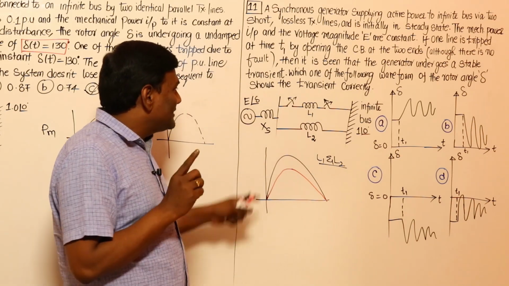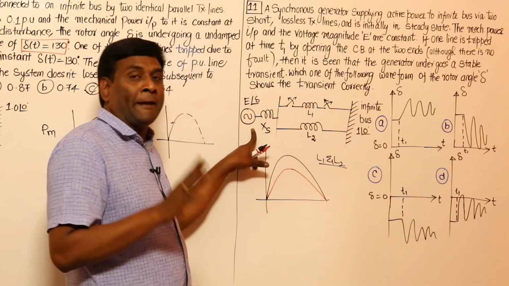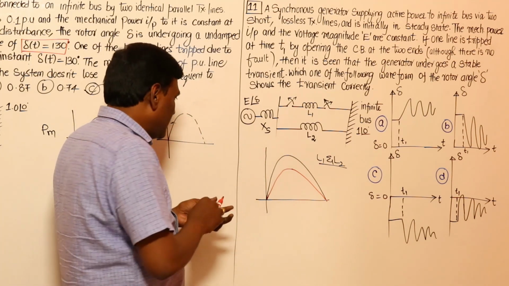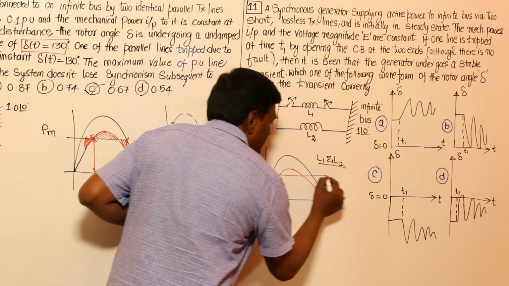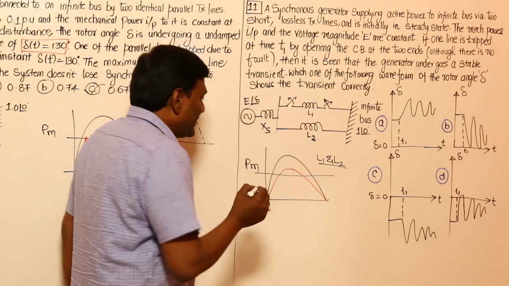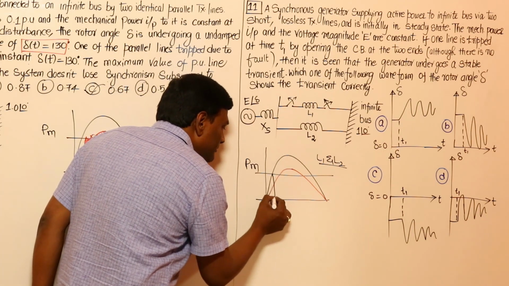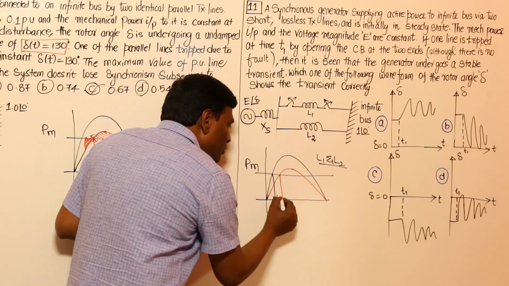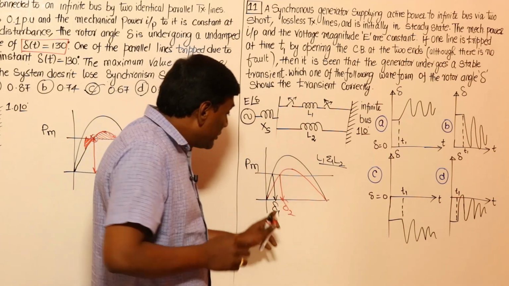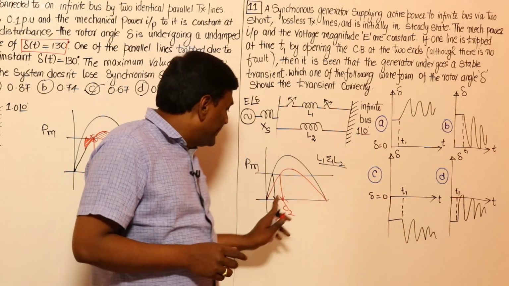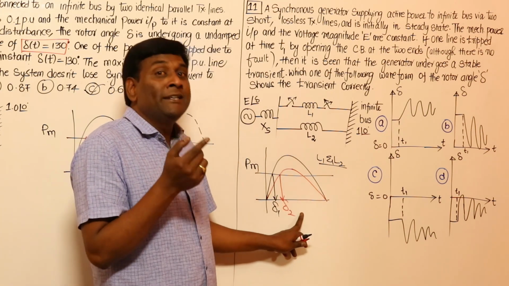In both cases, mechanical power should be the same, electrical power should be the same. Meanwhile, a transient may be there. If I think of mechanical power equal to electrical power under steady state conditions, at the start we were at delta 1 here, and in the second case delta 2 should be here. Whether delta 1 or delta 2, mechanical power will be the same. So from delta 1 to delta 2, it has to increase.